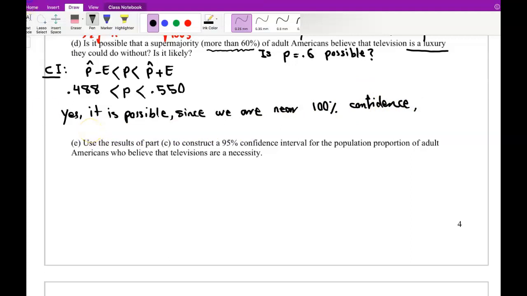So I don't want to write confidence interval, so I'm changing that to confident. However, then it's asking, is it likely? However, it is unlikely.